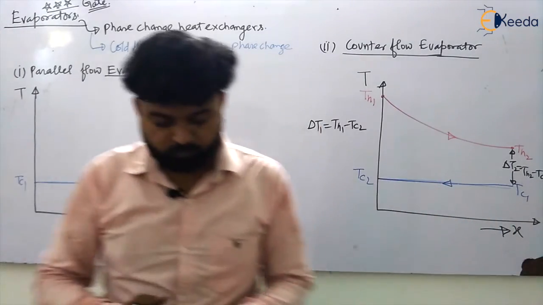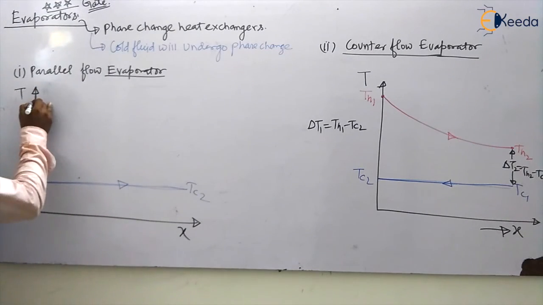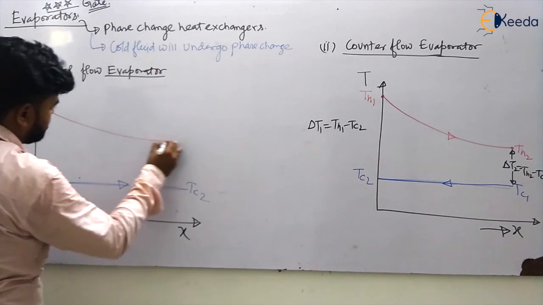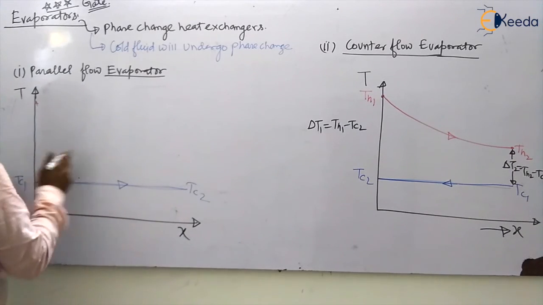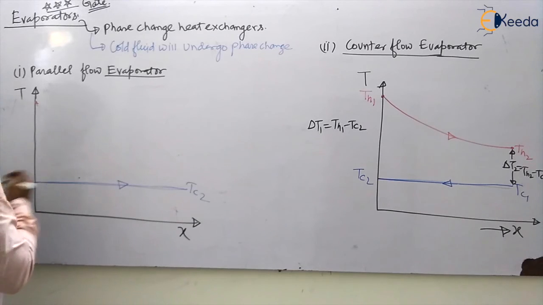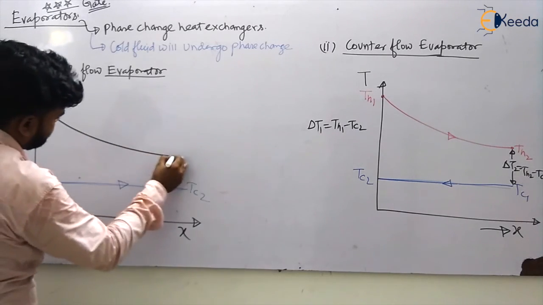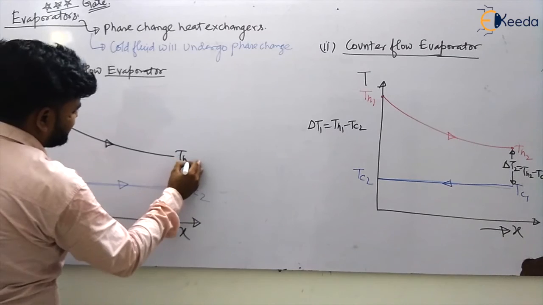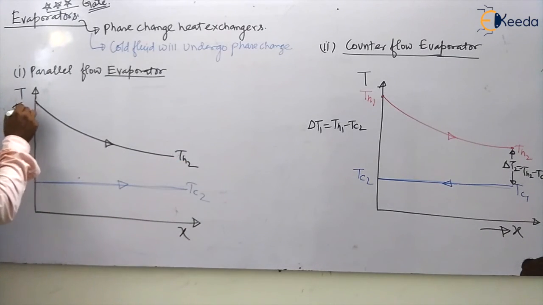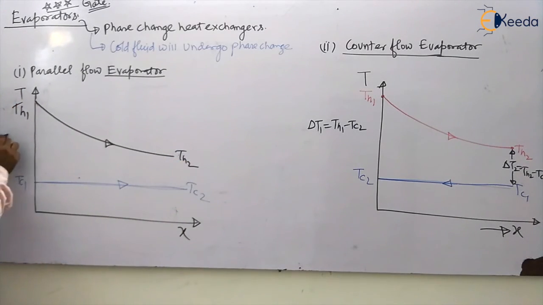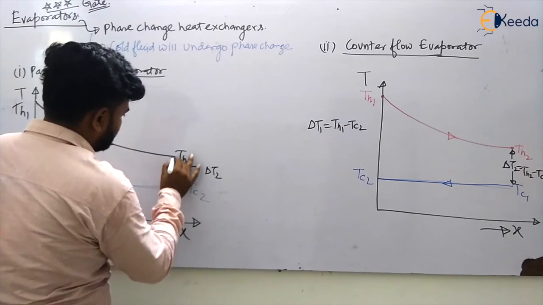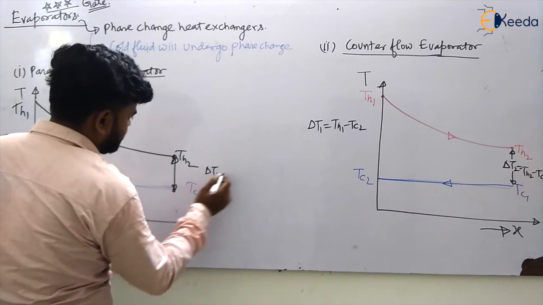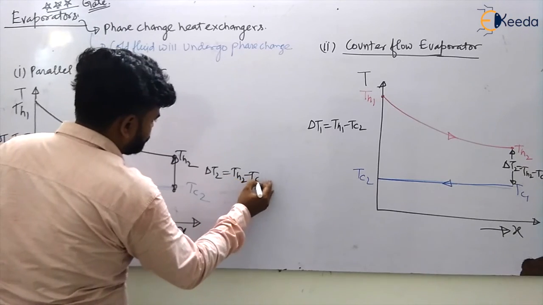Now what will be for hot fluid? For hot fluid, this is a parallel case. So this will be something like this. This is your TH2, this is your TH1, my dear students. So delta T1 is equal to TH1 minus TC1. This will be your delta T2, my dear students, and this will be given by TH2 minus TC2.